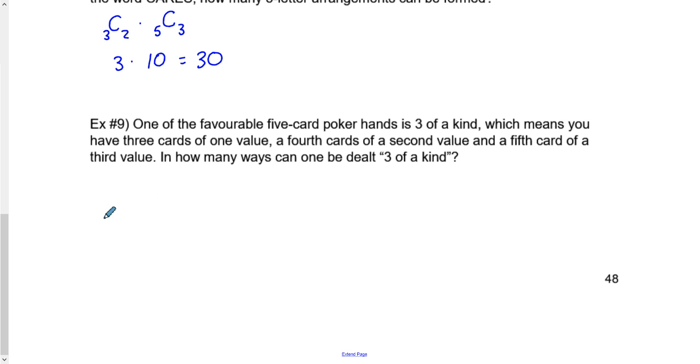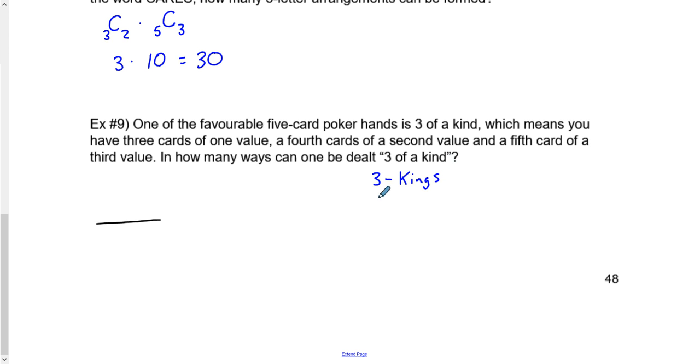So here's the deal. First off, to get a 3 of a kind, we need to have 3 of the exact same kind of card. So we have to have, actually I won't use 4s, 3 kings.